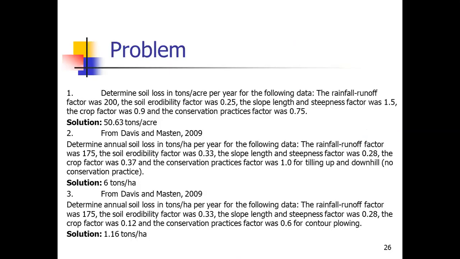Here are some example problems that you can solve for yourself for different values of the factors that are mentioned in the USLE equation. I will stop at this point and hopefully you will be able to deal with this topic.